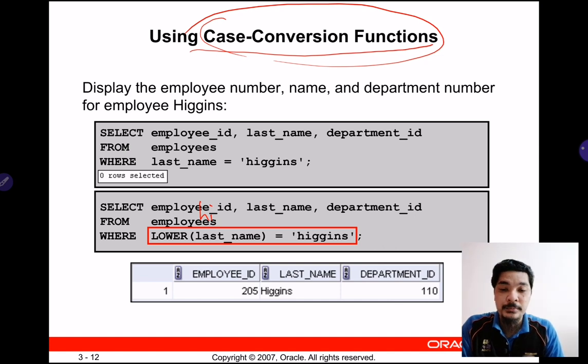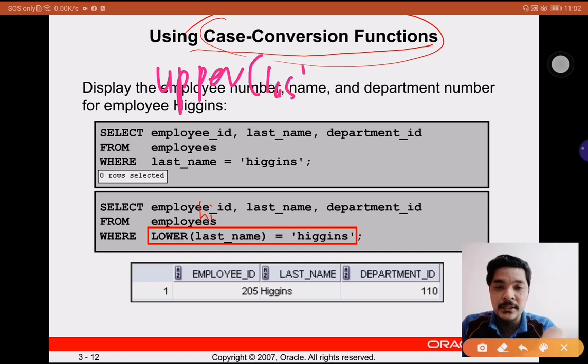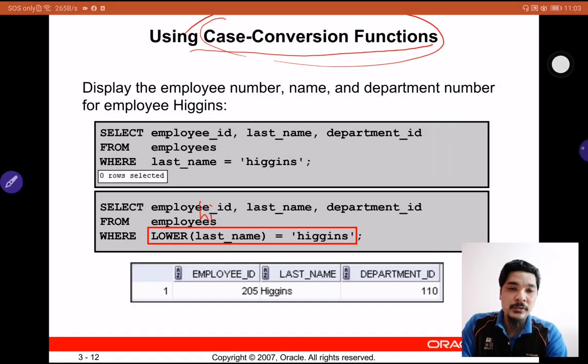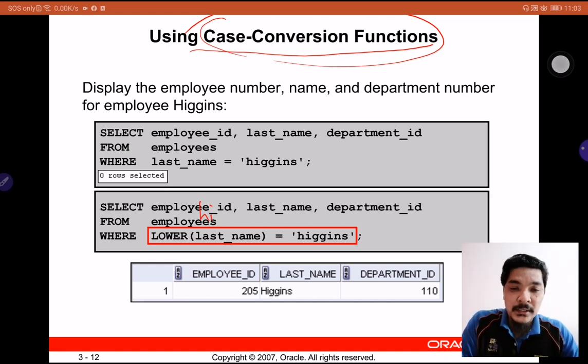If you put upper here, with last name, please make sure Higgins must be in uppercase. If you put upper and compare it to this last name, in this comparison we must put HIGGINS in all capital letters. So upper and upper will produce the same result here, Higgins.